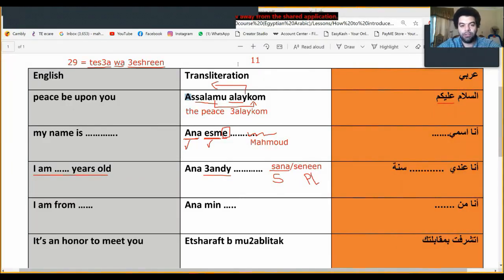So if you ask a child, how old are you? And he's 5, he will say, خمس سنين, خمس سنين. But once he turns 11, he's going to say 11 سنة. So I'm assuming everyone watching is an adult. So you're going to say your age and then sana. If you want to know how to say the number in Egyptian Arabic, I have a video on YouTube that speaks about the number from 1 to 1,000.